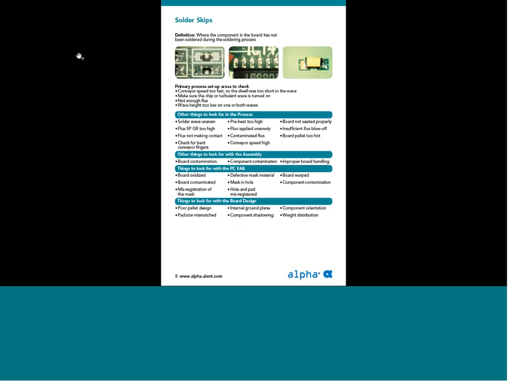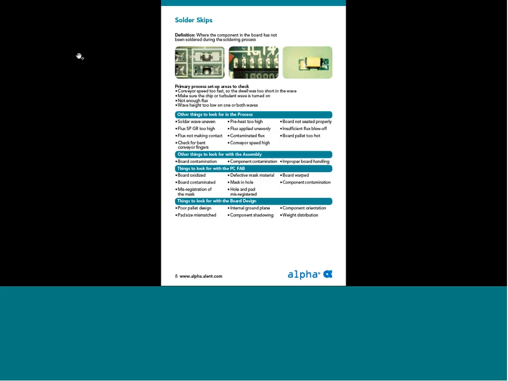Wave solder could be uneven. Flux is not making contact. Board is not seated properly in the pallet that carries it. Board pallet is too hot when you send it through the oven, through the wave. Board contamination, improper board handling, pad size mismatch.